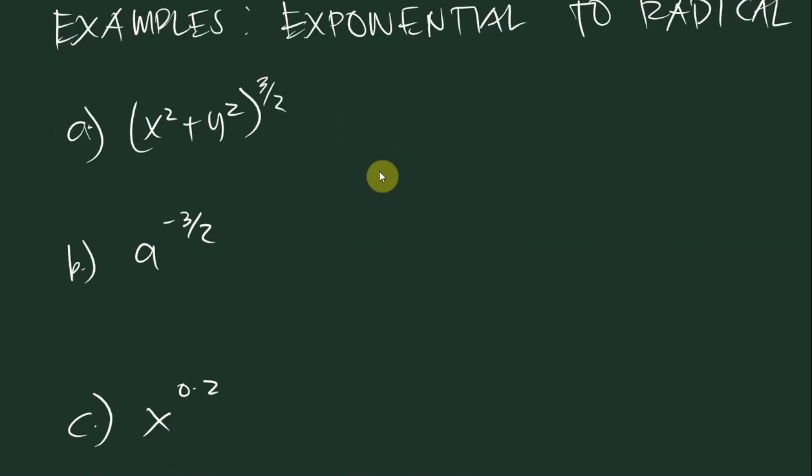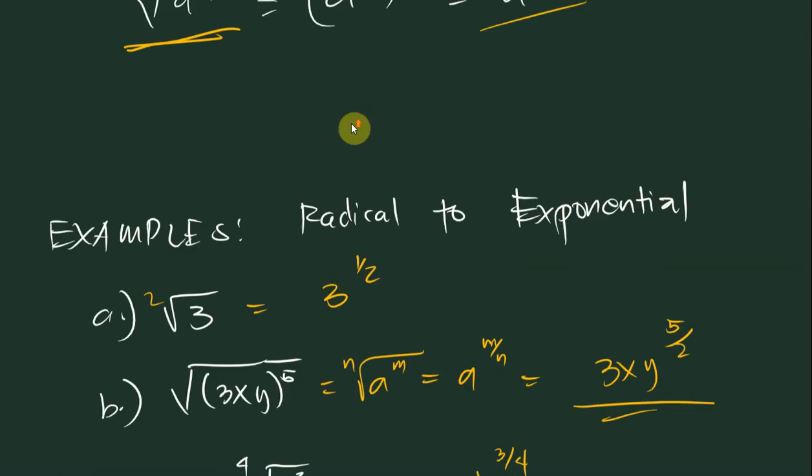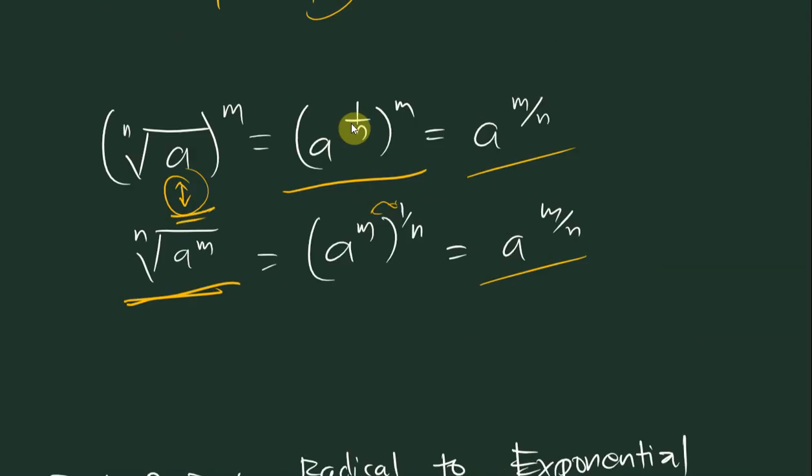Now let's proceed to the second set of examples, exponential to radical. We have here x squared plus y squared raised to 3 over 2. So what do we know? This is equal to x squared plus y squared, and then raised to m, raised to 3, right? And from this, we know that they are equal.